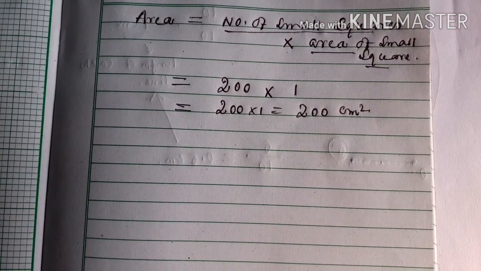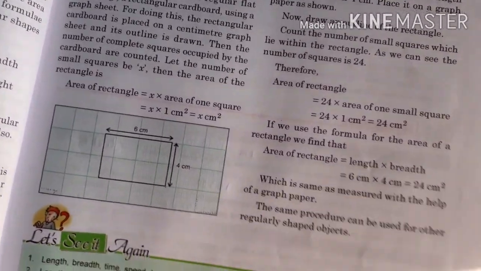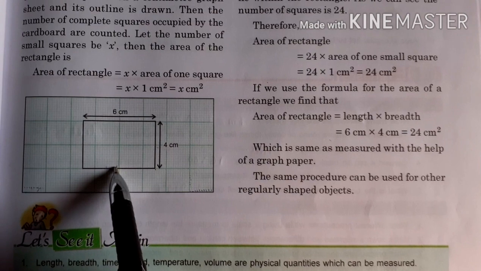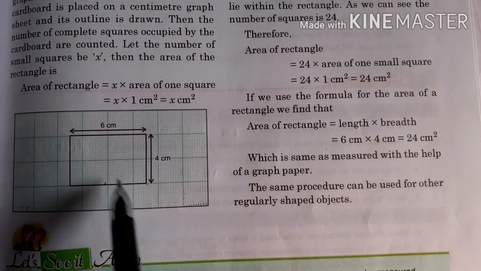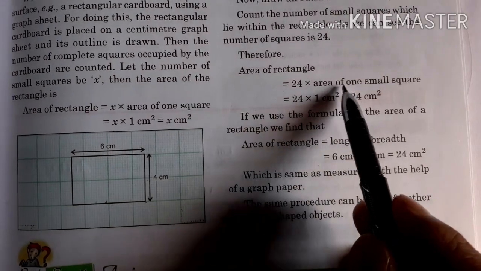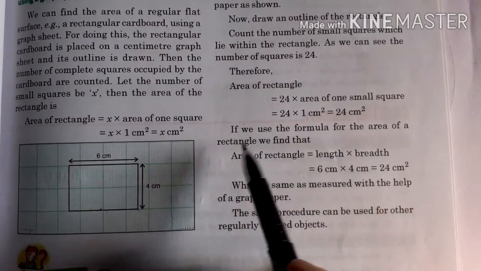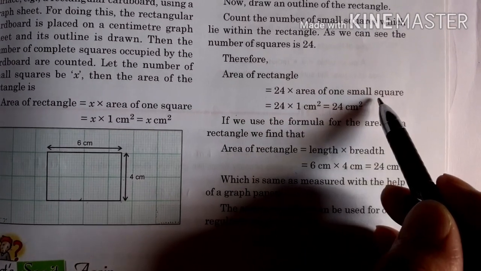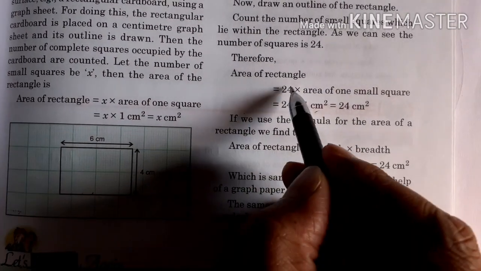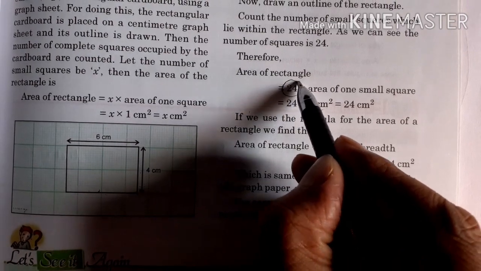Now one confusion may be present in your book. Here this is written, this diagram is just a representation, not the proper diagram. If you compare this diagram with all this data, it will not match. The area of one small square, 1 centimeter square, is correct, but if you count here, it is written that the number of squares is 24.